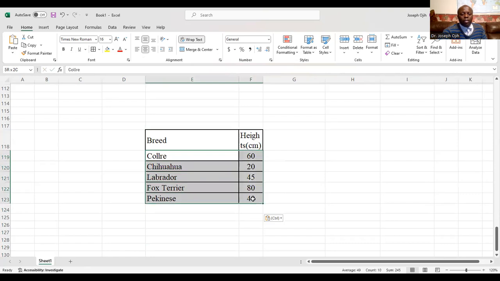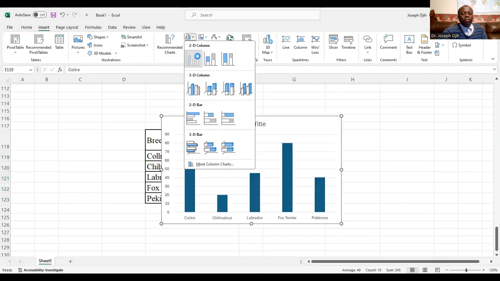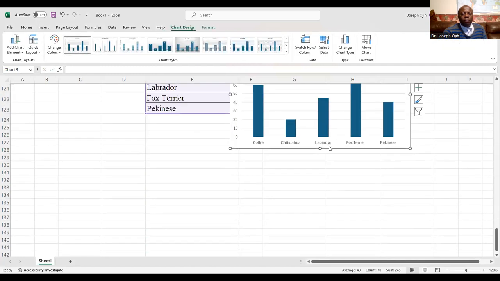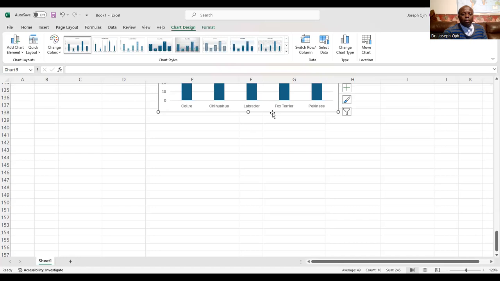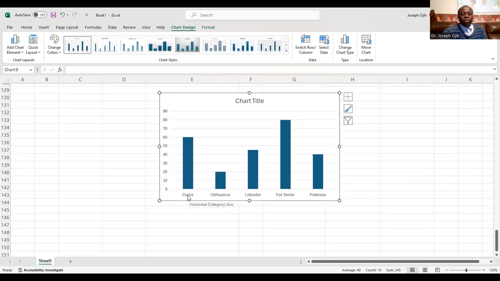Just start with the first data set. Insert, choose the graph, bar graph. See? This is bar chart. So I'm gonna move it down so you can see it clearly. Now I can see that they are separate. See? You see the Collie, Chihuahua, Labrador, and so on and so forth.